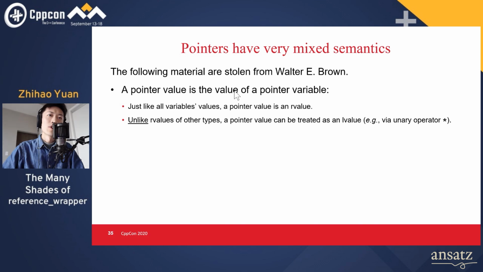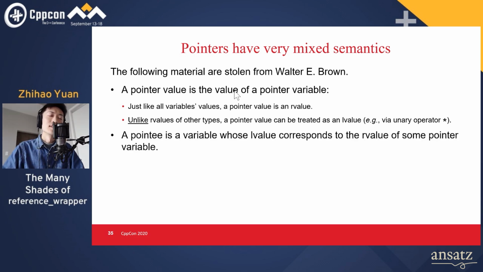Just like all variables' values, a pointer value is an R value. What this means is that a pointer value is something like 0x001, that's an R value. But unlike R values of other types, a pointer value can be treated as an L value if you dereference it.